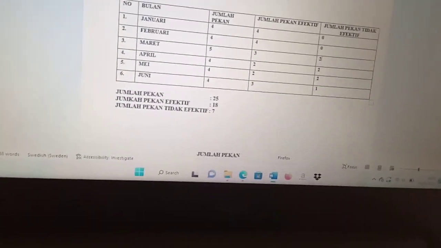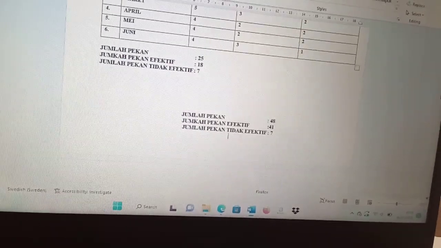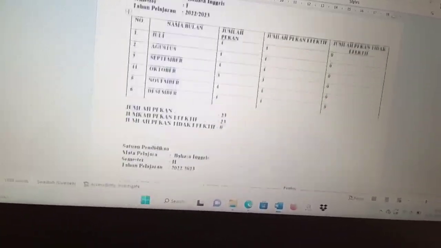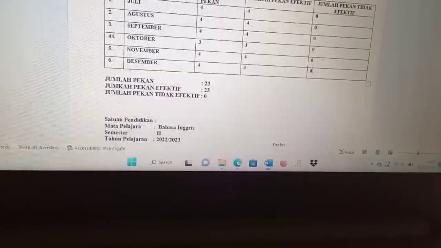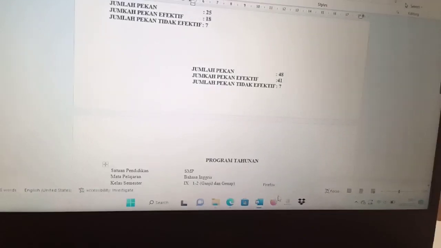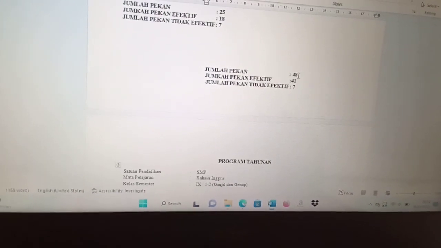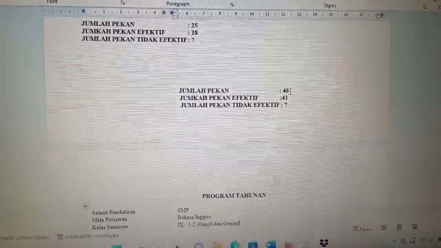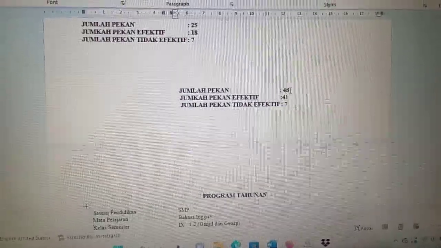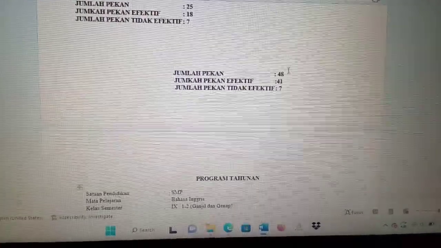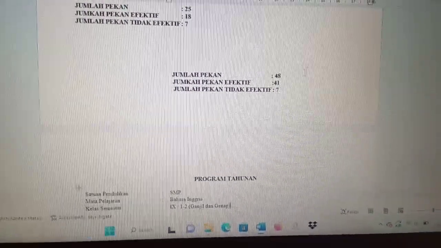So now let us count them together. So 25 plus 23 in the first semester equal to 48 weeks. So the total of the weeks during this scholastic year of 2022 and 2023, there are 48 weeks.